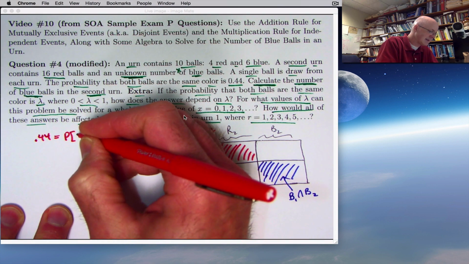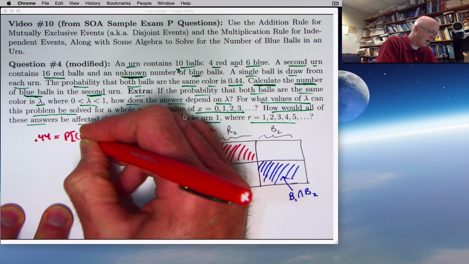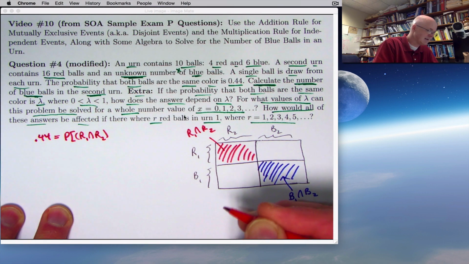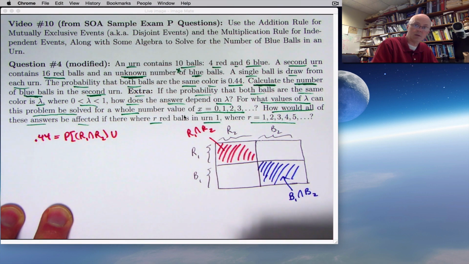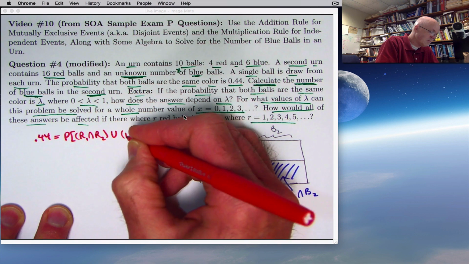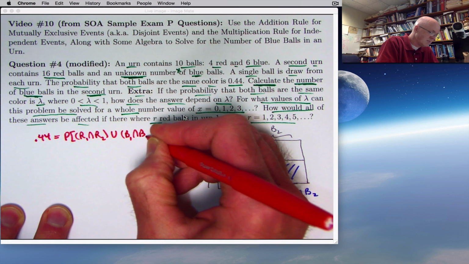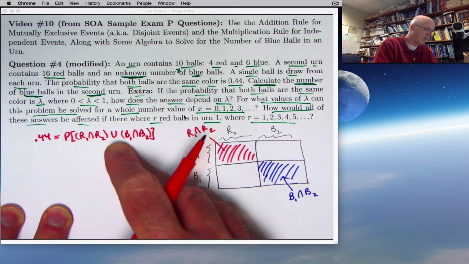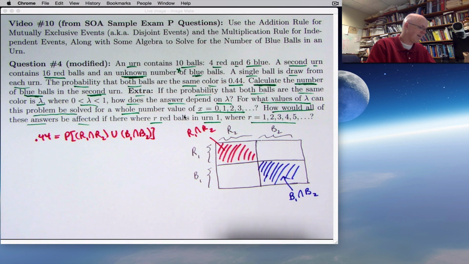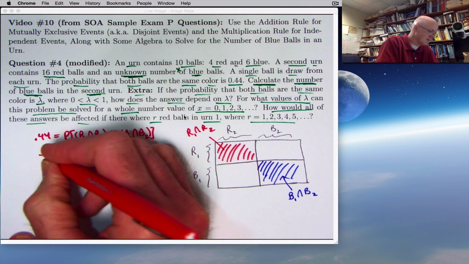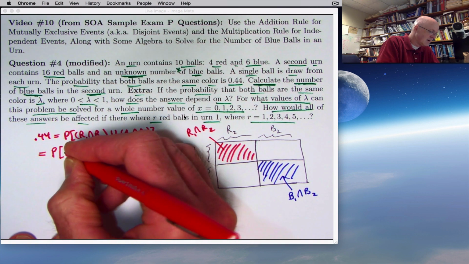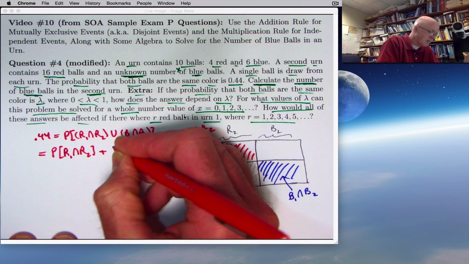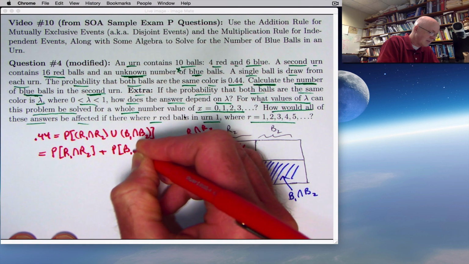Symbolically, we can represent that as the probability of R1 and R2, intersection means and, union means or, B1 intersect B2, B1 and B2. They're either both red or both blue. Again, these are mutually exclusive. This is the sum of the probability of R1 and R2 with the probability of B1 and B2.